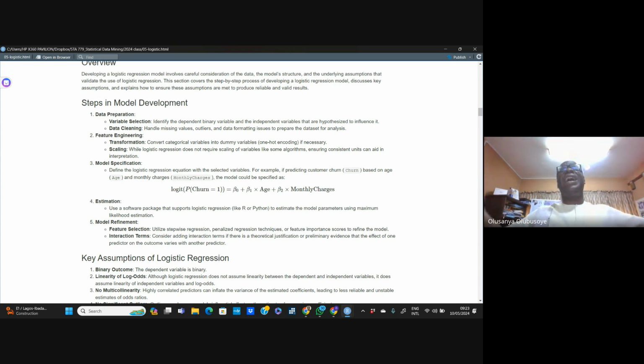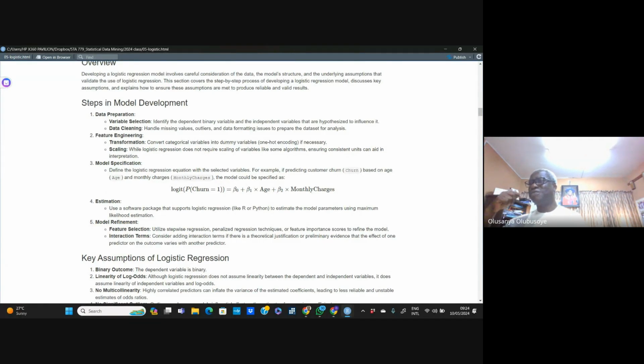In fact, we can have several variables that we will be observing, not just 1, 2, 3. We can have as many of them as possible. Even if we have more variables than the number of observations, that will lead us to use the penalized binary logistic regression. We have discussed penalized regression. It's not applicable only to linear regression.